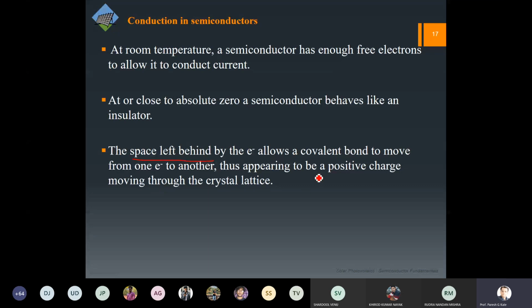And obviously we have removed a negative electron from there, so there has to be compensation for that charge. So in that broken bond, a positive space is created, and that is what we call a hole. So you have to remember that the electron is a real thing.